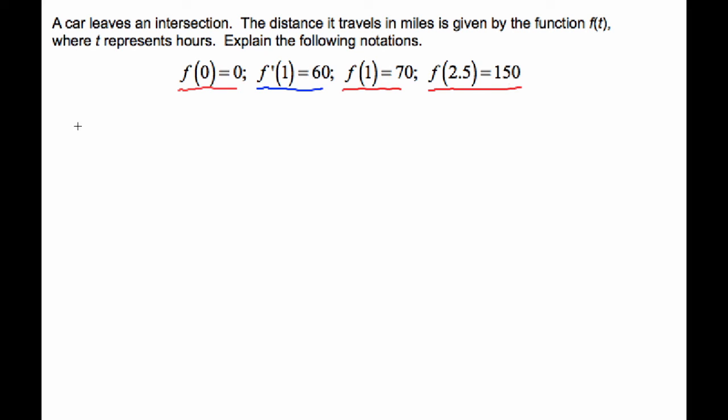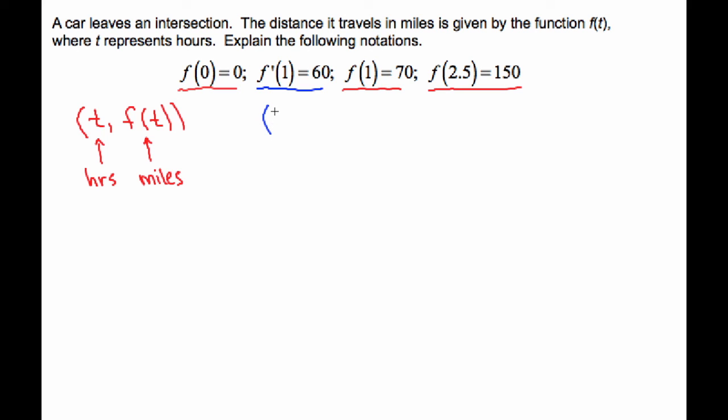Well, let's first start by looking at the notation. The ordered pair t, f of t refers to the time traveled in hours as the input, and the output is the distance driven in miles.